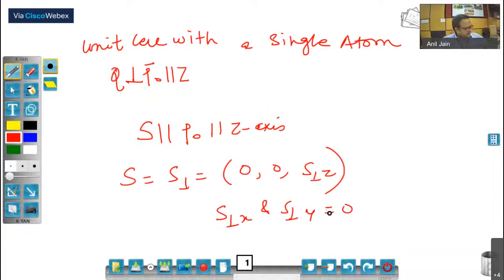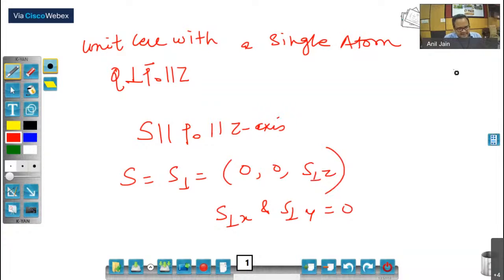Then I can write the differential scattering cross section for the non-spin flip process. It means I have some single crystal in which my magnetization, or S, is aligned along the Z direction.